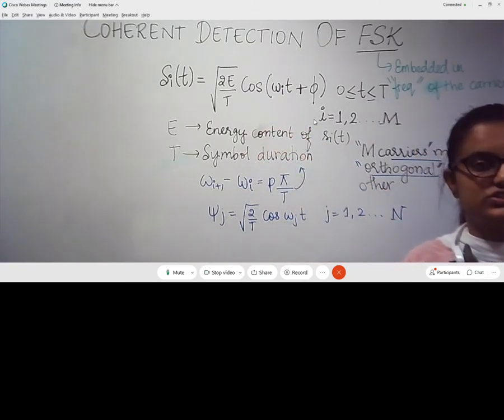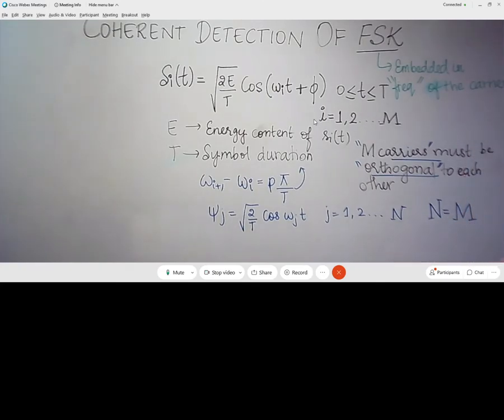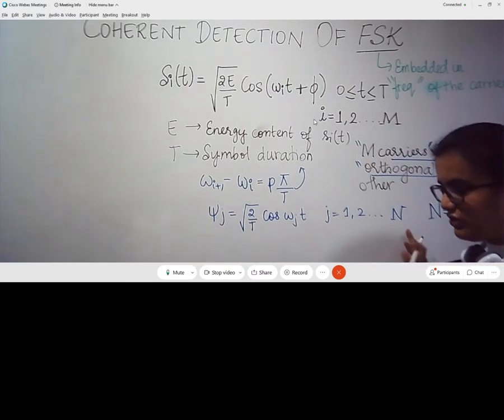Only for the case of FSK, this N value, the number of orthogonal vector spaces, will always be equal to M, the number of symbols.